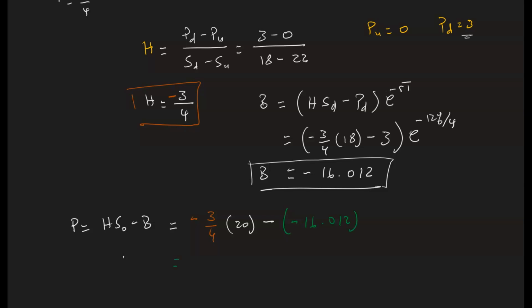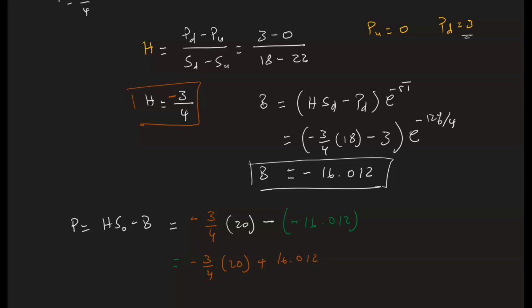So it's going to be equal to minus 3/4 of 20 plus 16.012 about.